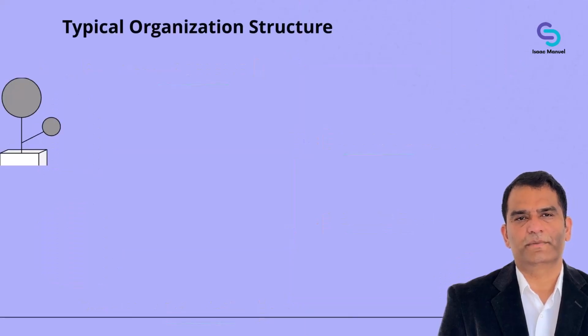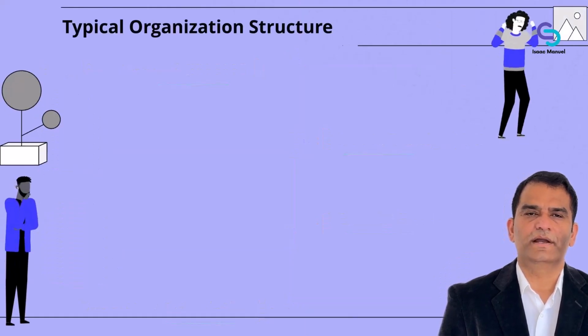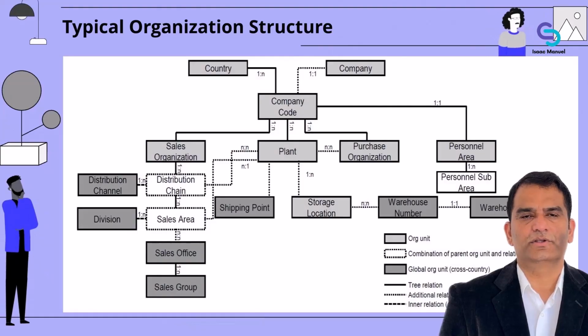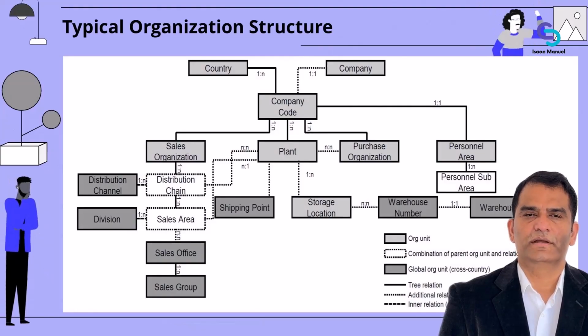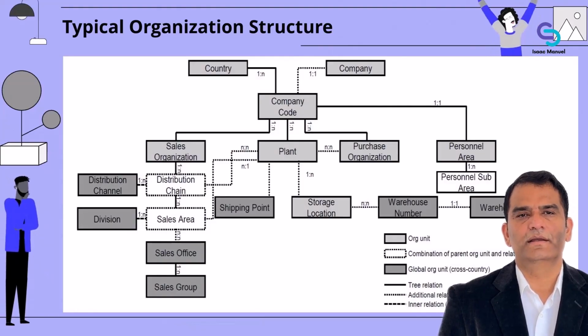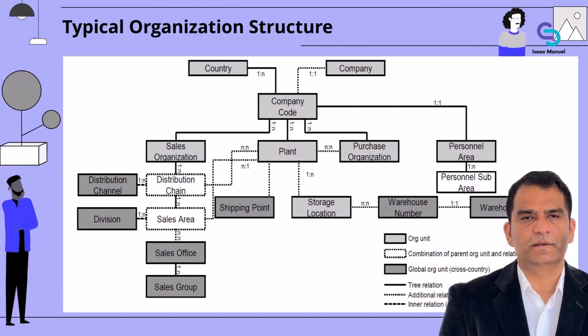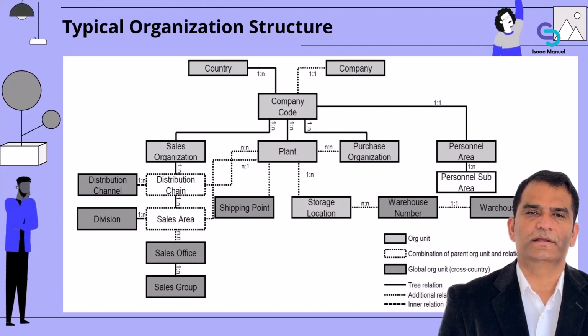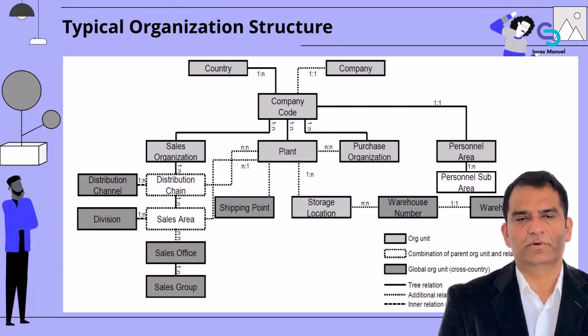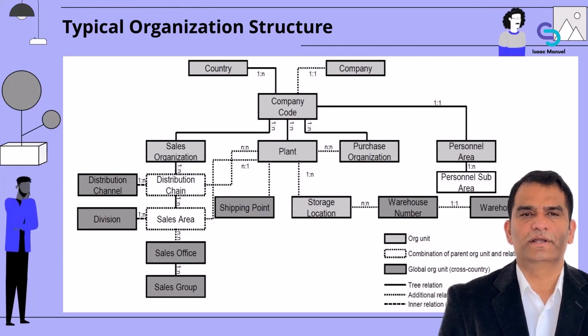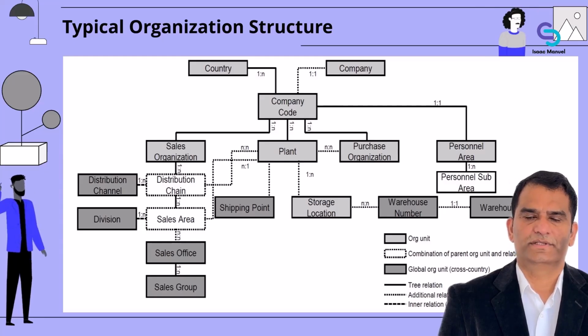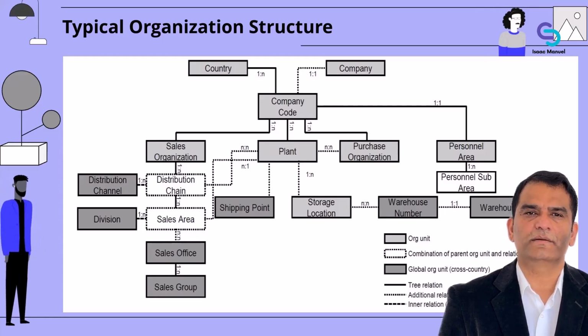In SAP PP, a clearly defined organizational structure is crucial for effective production planning and management. At the highest level, the company code represents an independent financial entity, ensuring accurate financial reporting and regulatory compliance. Each company code encompasses multiple plants, which function as independent operational units responsible for managing production processes.